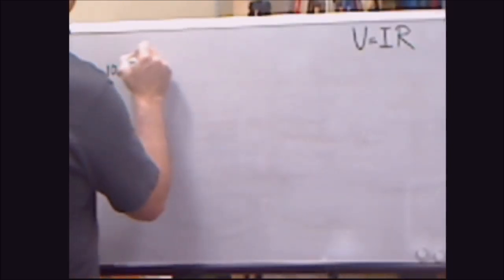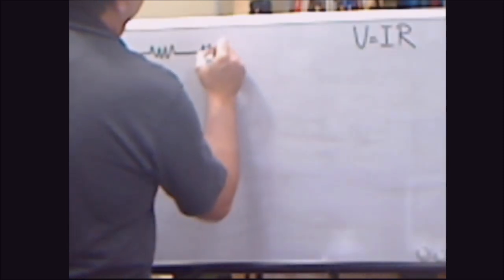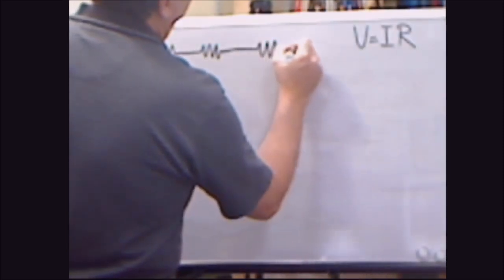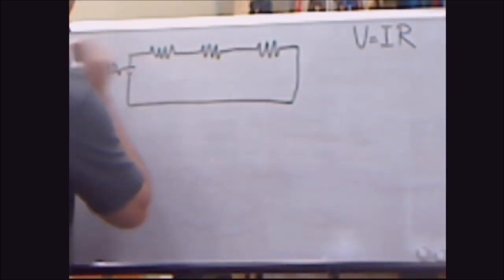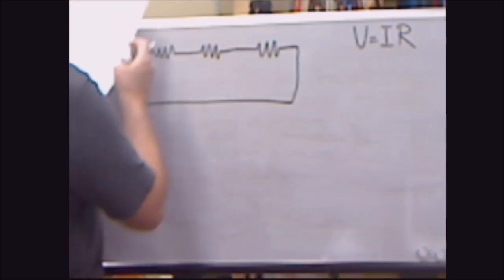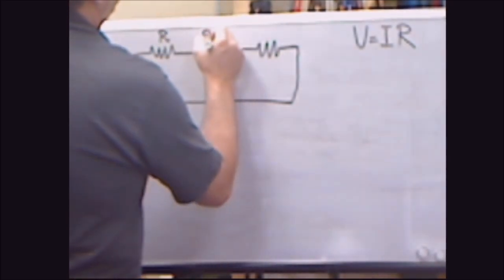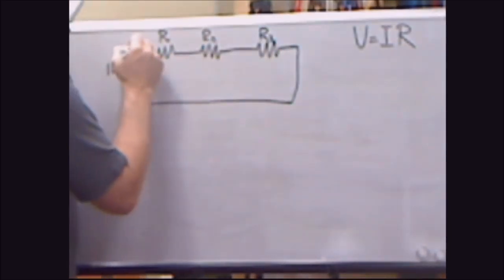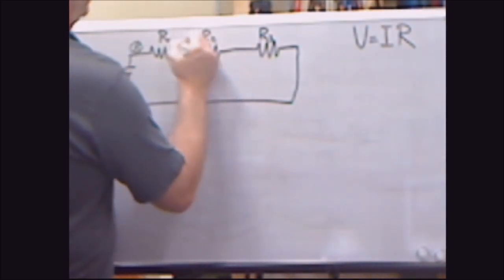And we go like this, and there's a resistor 1, 2, 3. And we have to complete the circuit, otherwise the electricity won't flow at all, right? So here's R1, R2, and R3. We're going to label these little parts of the circuit because we want to find out what's going on at each part.